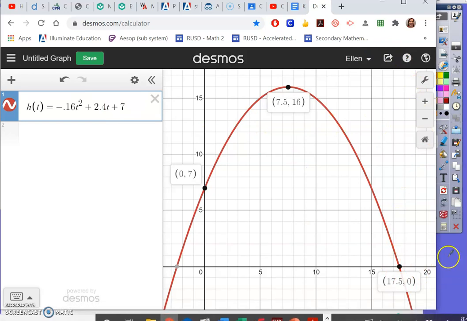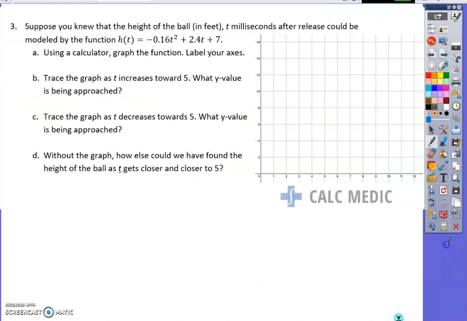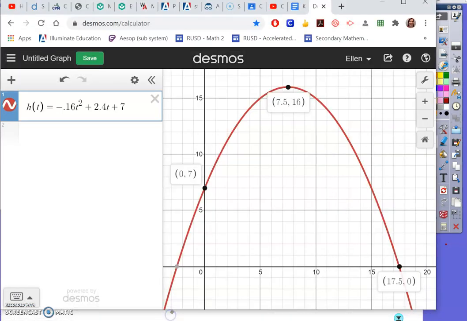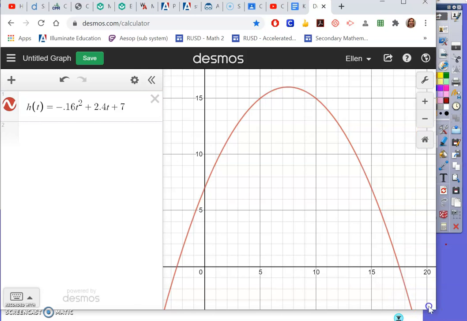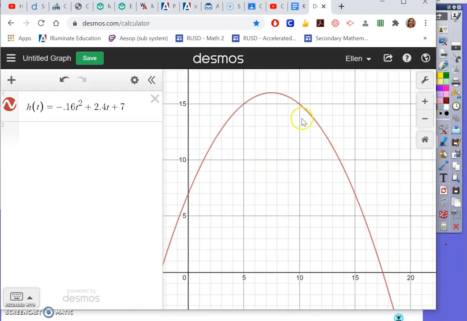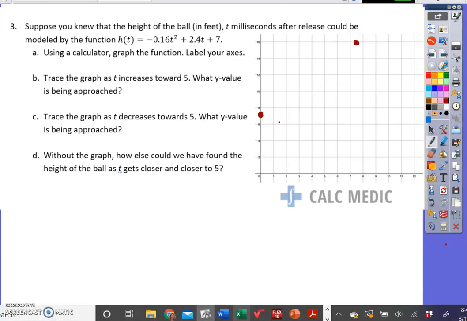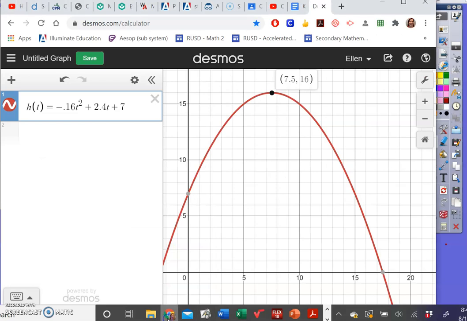So I'm going to go to my graph paper now that I have that picture. I'm going to start at 7. The peak is 7.5 comma 16, and it's on the ground at 17.5, which I don't think is on my picture.